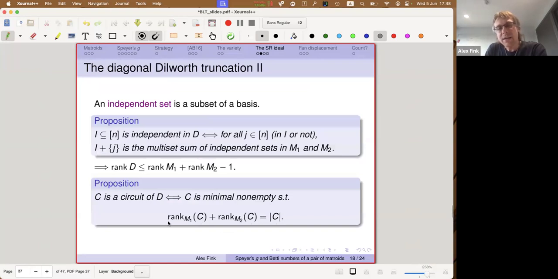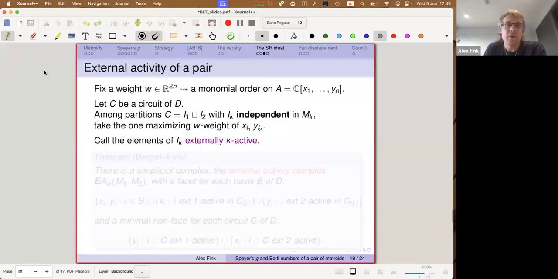The size of C is exactly the right size to be an independent set in M1 and an independent set in M2. And it turns out there always exist such partitions. So among all these partitions, you can encode the partition as a monomial, and then the weight order on the partitions lets me choose an initial one. If I do this, then I will use this to define a generalized notion of activity, where the things that get an X in the leading monomial, I call externally one active, and the things that get a Y in the leading monomial, I call externally two active.